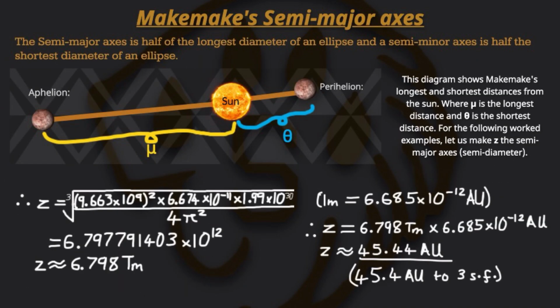So the reason why we converted the period into seconds is because seconds is the standard international unit of measurement for time, the standard unit that's used in calculations.